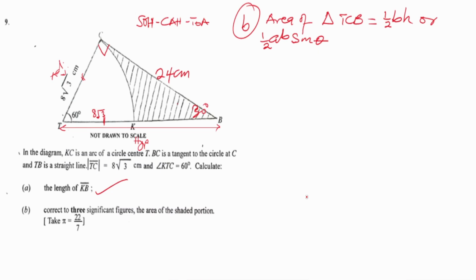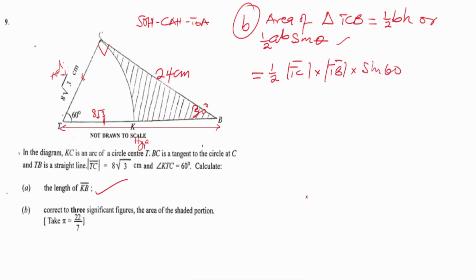So using this second approach, assuming I didn't know this height to be 24 and I don't want to waste my time on that, then I'm going to have 1/2 TC, I'm being specific now, times TB, then times sine 60.